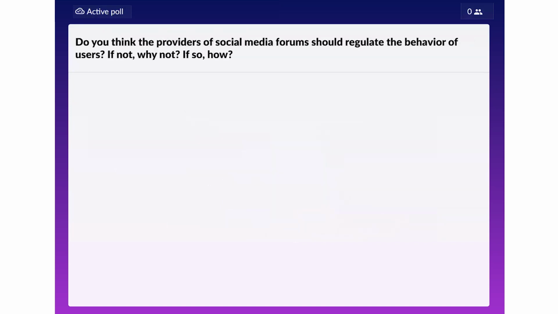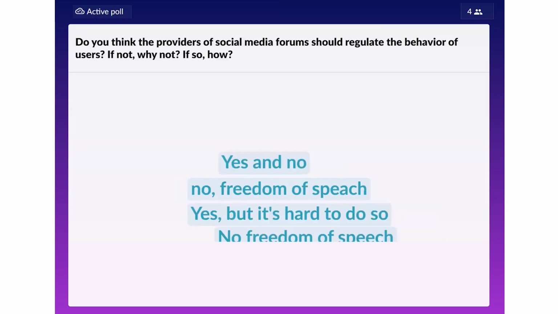Okay, so do you think the social media provider should regulate user behavior? This is another open question. If you think no, then you should give the reason why. And if you think they should, then you should ask how this should be done. Of course, one good example is banning Donald Trump from all social media. Even up to now, I'm still not sure if that is the right thing to do.